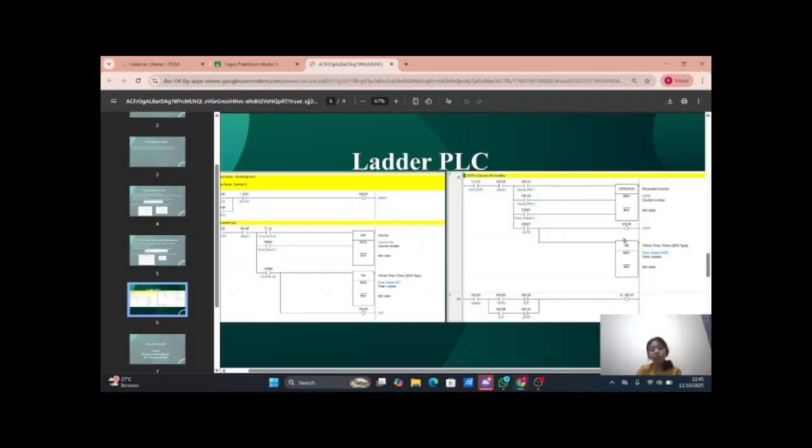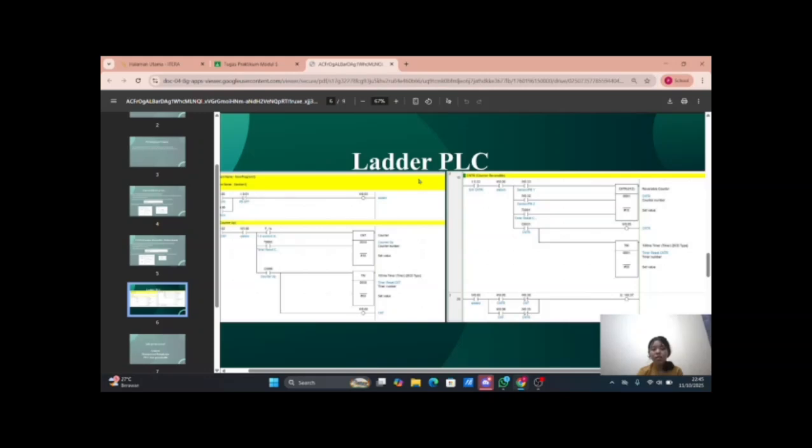Now, about the application of the PLC ladder circuit on the trainer board. On the PLC trainer board, this ladder circuit can be implemented using push buttons, indicator lamps, and other I/O components. The CNT counter circuit can be used to count the number of times a push button is pressed, with an indicator lamp turning on under specific counting conditions.